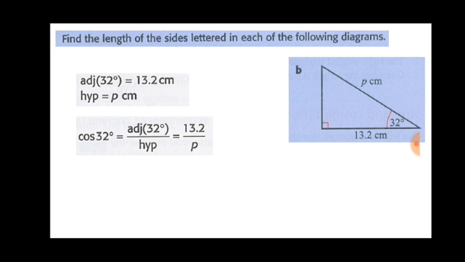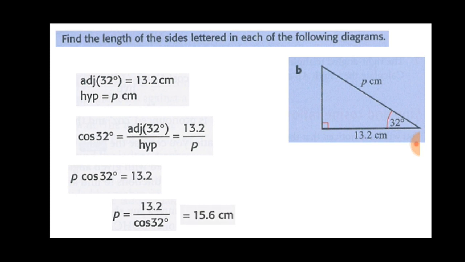So it is equal to 13.2 over P. Multiply with P on both sides. P times cos 32 is equal to 13.2. Now divide with cos 32 degrees on both sides to find the value of P. P is equal to 13.2 over cos 32 degrees. Using the calculator, the value will be 15.6 centimeters.